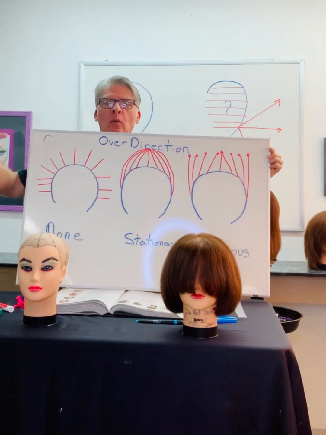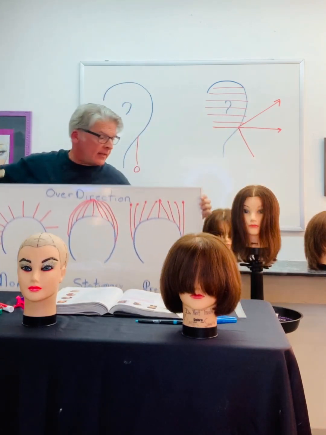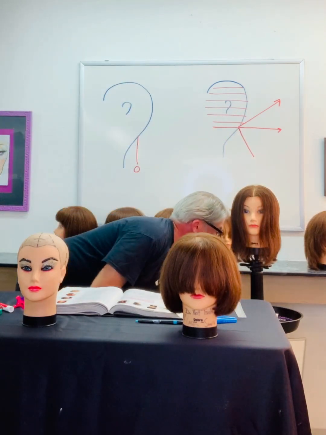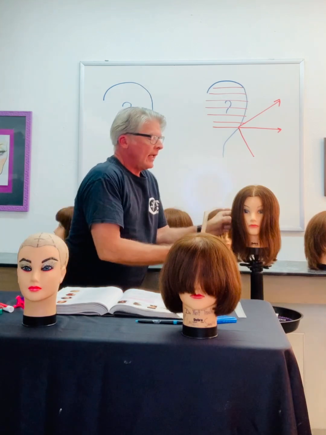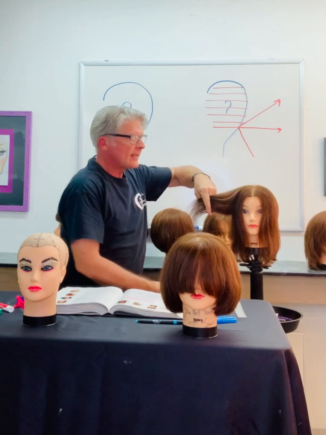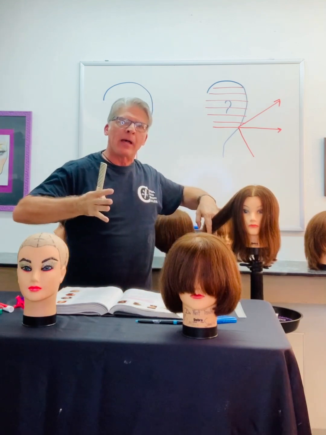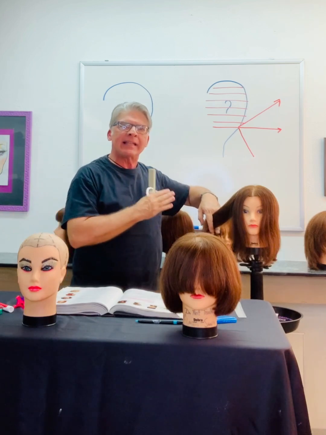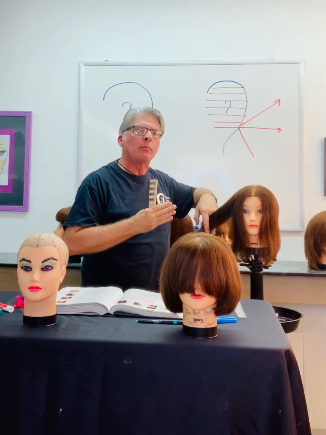So this is no overdirection. That means the hair is held exactly where it lives. There's no side-to-side motion. So here's how I like to think about overdirection. It's a side-to-side motion versus an up and down motion.